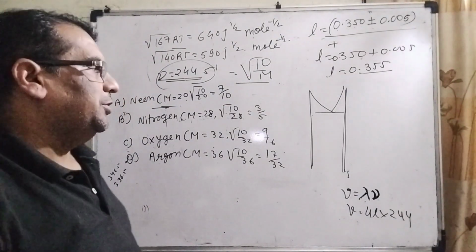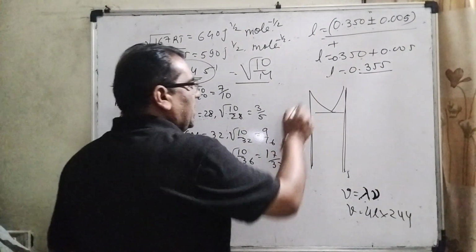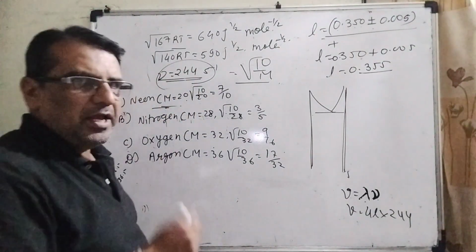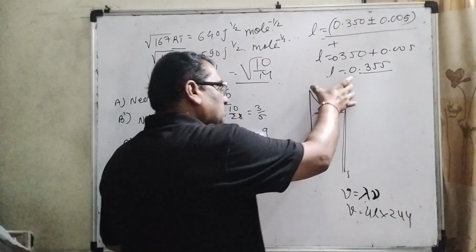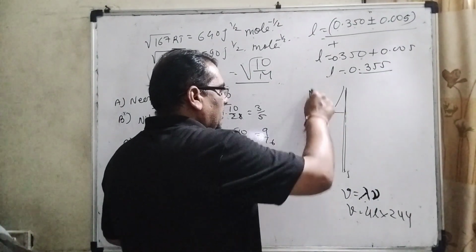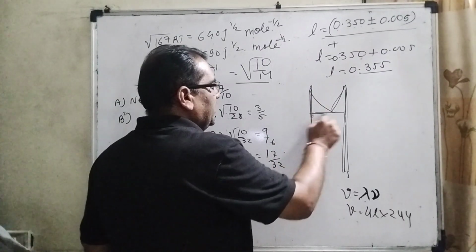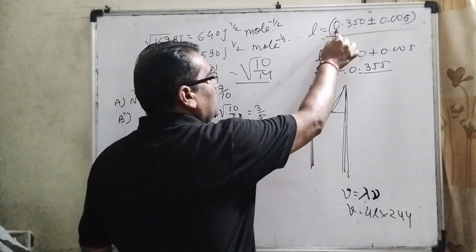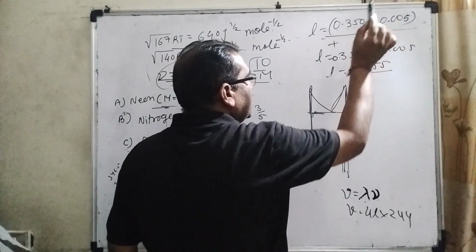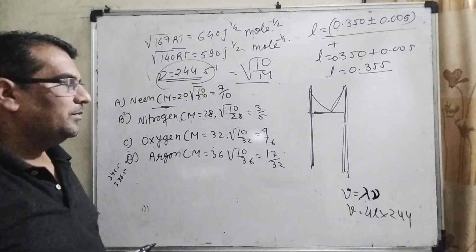The essence of this question: when the student performs this practical, strikes the tuning fork and brings it close to the resonance tube, he finds that the length of the resonance tube is 0.350 ± 0.005.